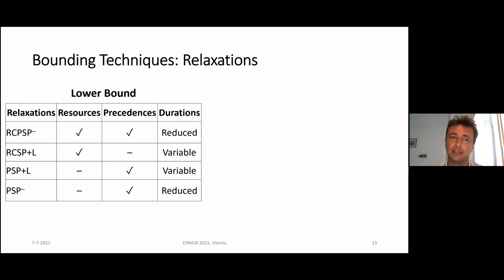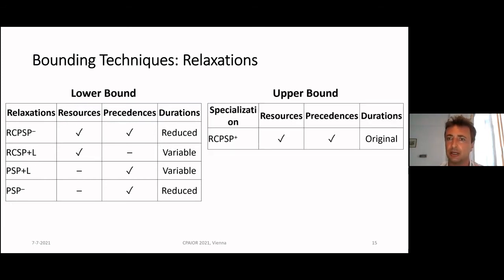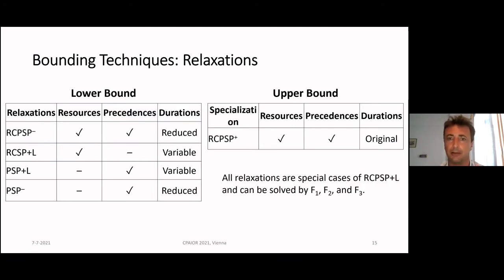And when finding optimal solutions to these problems, they all correspond to added lower bounds for the makespan. We also noticed that if you simply solve the RCPSP with its original durations, then whether optimal or not, any schedule for that will yield an upper bound for the RCPSP plus L problem.